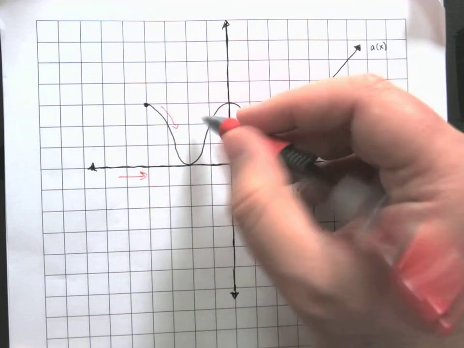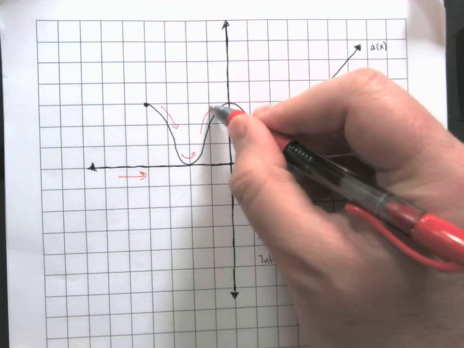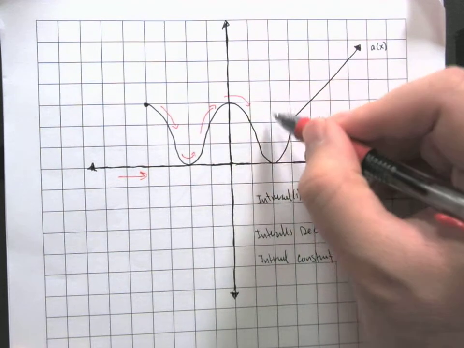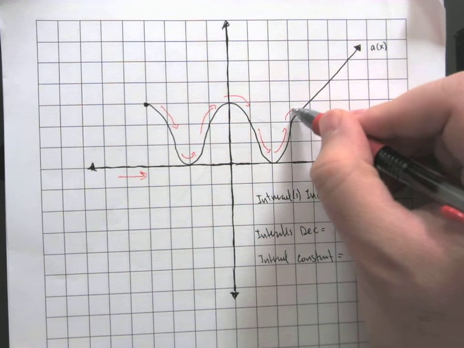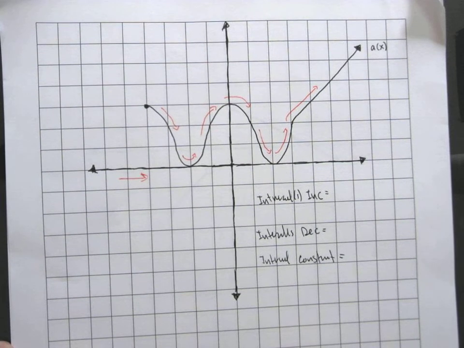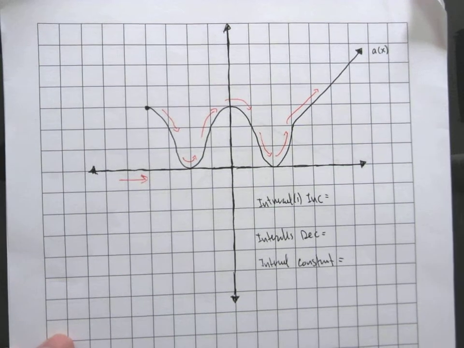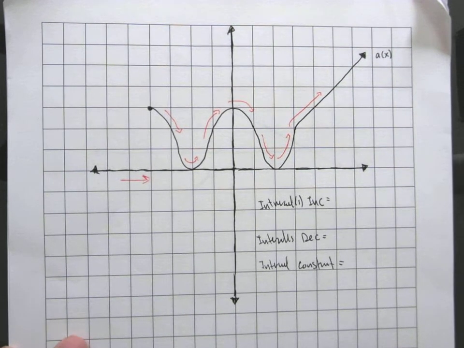If we start to draw some arrows in, again, if we were thinking of this like a roller coaster that we were riding, this is the kind of motion that we would be doing. And if we draw some of those arrows in, you can really see the behavior pretty well, if you imagine yourself riding on this like it was a roller coaster.